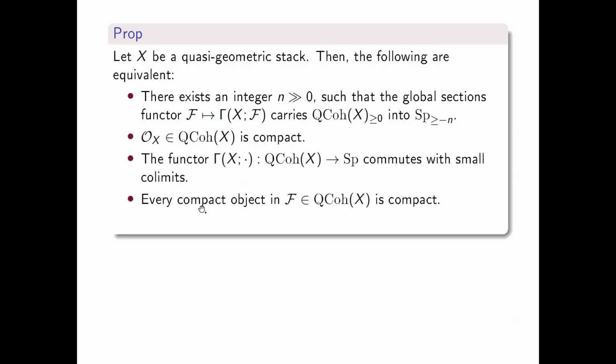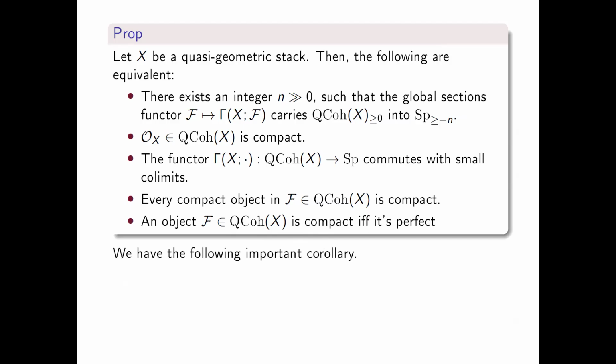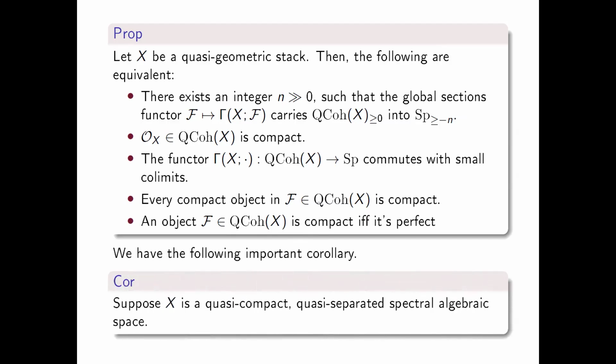And the fourth statement is that every compact object in QCoh(X) is compact in QCoh of X. And then a quasi-coherent sheaf is compact if and only if it's perfect. Right, so an important corollary: if you start off with a quasi-compact, quasi-separated spectral algebraic space, then an object F in QCoh(X) is compact if and only if it's perfect.